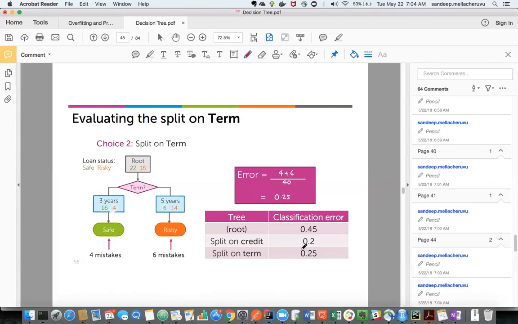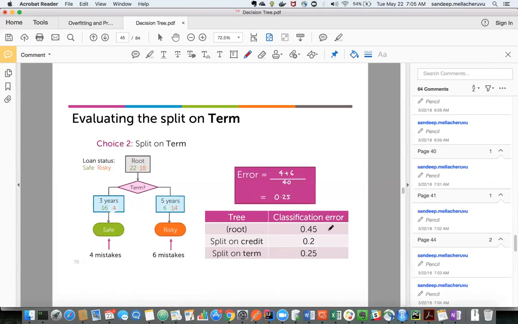So on the root node we have initially 0.45 as the classification error. If we split on credit, it is 0.2. If we split on term, the classification error is 0.25.